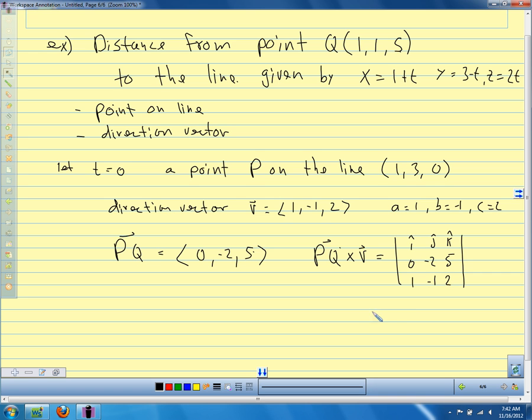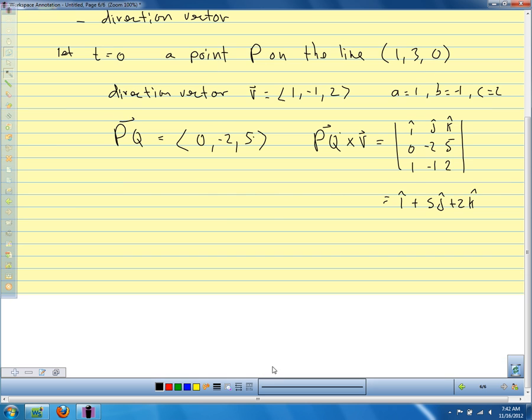When we find our cross product, it turns out that it is i plus 5j plus 2k. And the magnitude of V is the square root of 6, using vector V here.